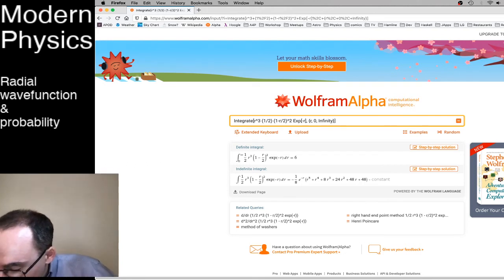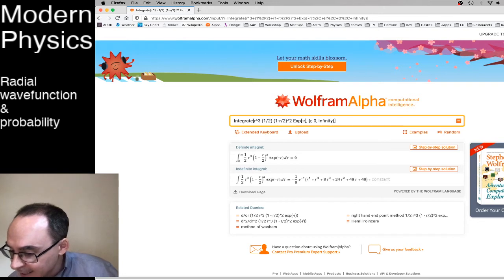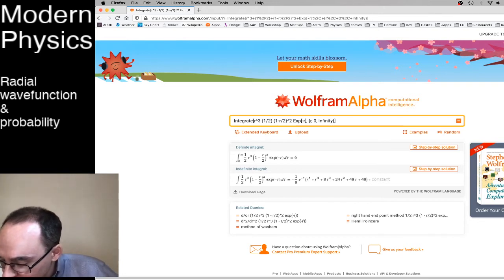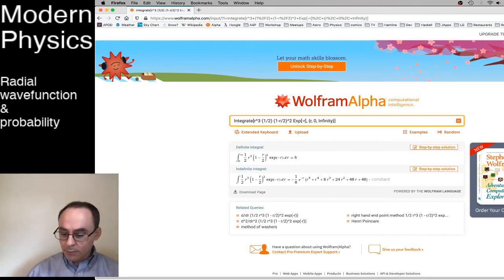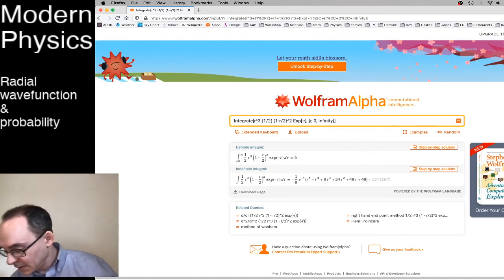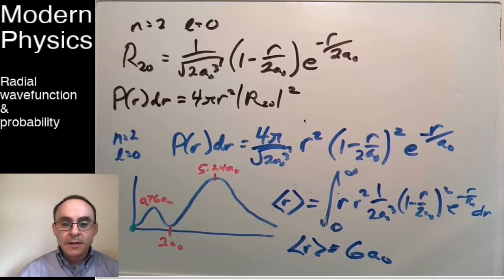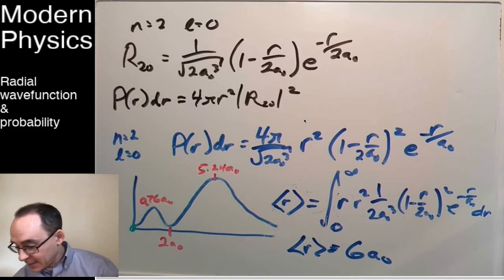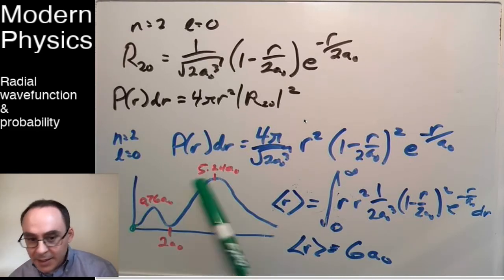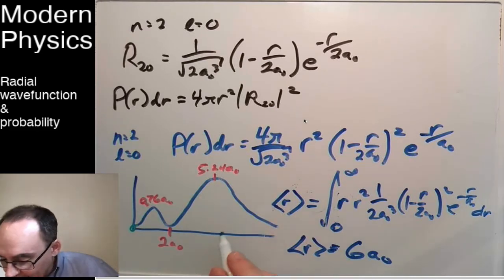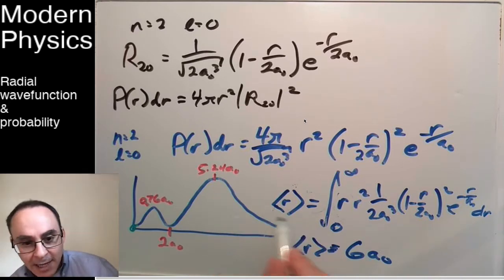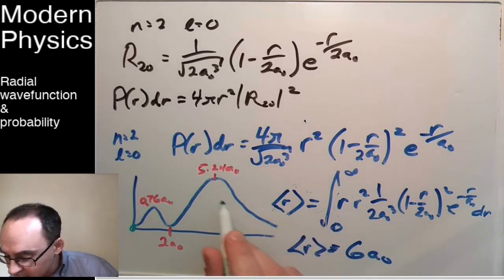The average value, and remember, I set a naught equal to 1, so this really means that the average value of r is 6 a naught. That's another interesting thing to know. So here I've got my peaks of the distribution, my average, because this tail actually goes on for so long, this tail is exponential.